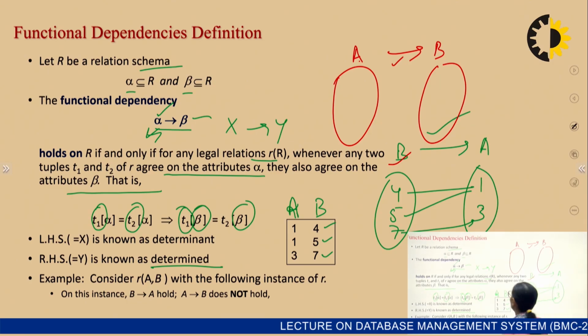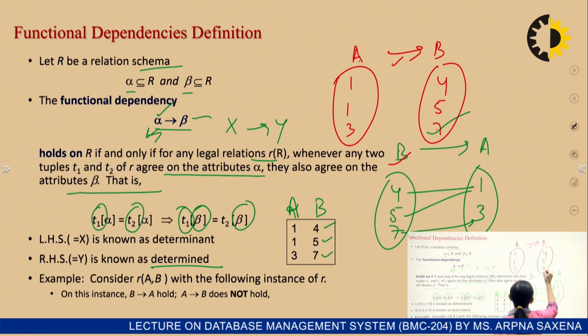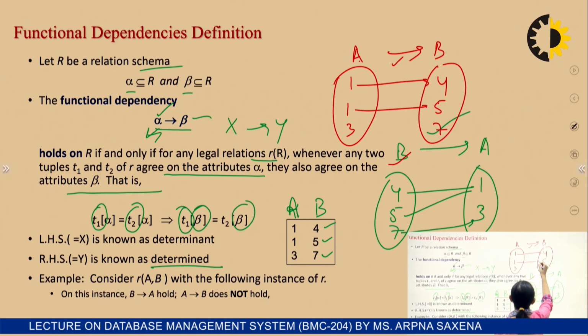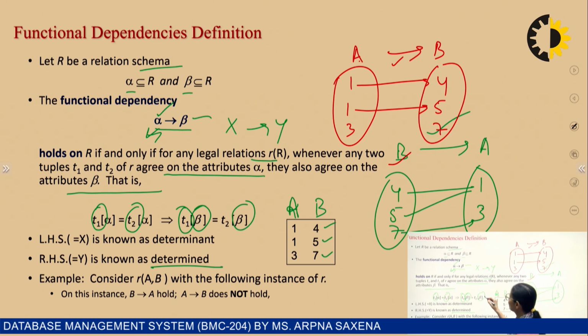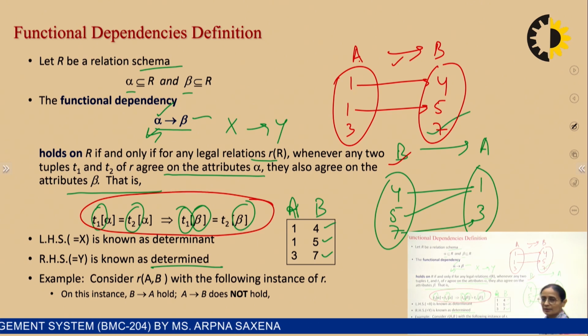So here we have 1, 1, 3 and 4, 5, 7. If you look here, this is in contradiction to what we have discussed. So this particular FD does not exist.